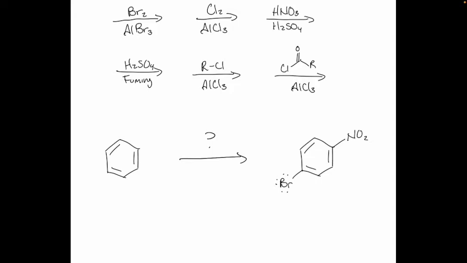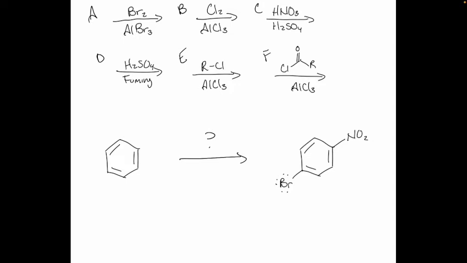Okay, so how do we go about doing this? First of all, I'm going to look at each of these substituents. That's going to tell me which one of my reagents I'm going to need to use. I can think about the order in a second, but step one, I just have to identify the reactions that I need. Right, so for my NO2 group, let's go A, B, C, D, E, F.